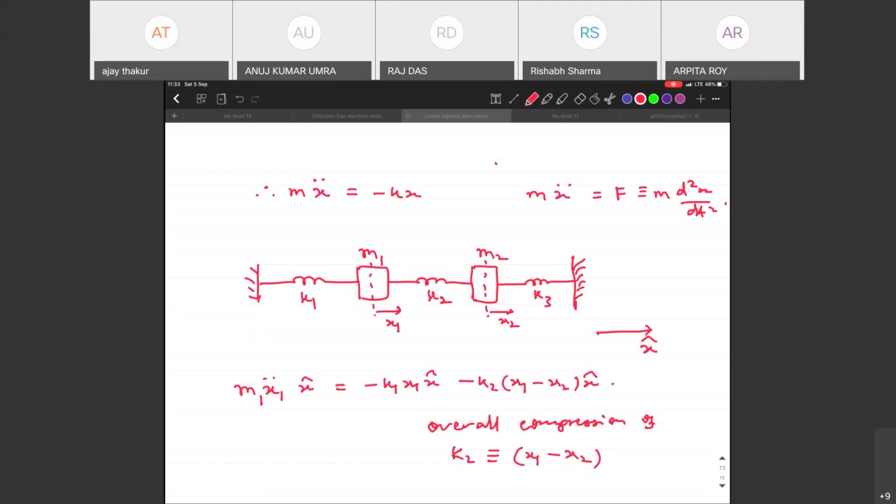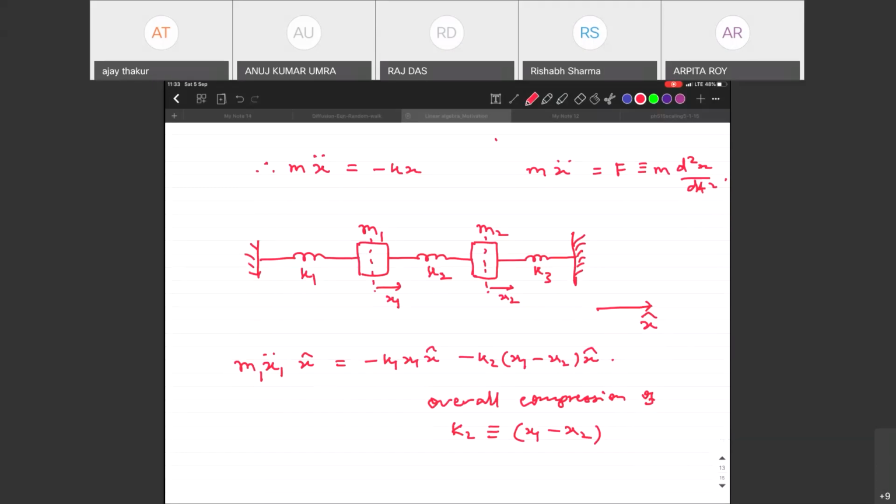And then K2 would be pulled by an amount x2, and compressed by an amount x1. So overall pull is going to be x2 minus x1. So the restoring force along the minus x direction would be minus K2 times x2 minus x1 of x cap.